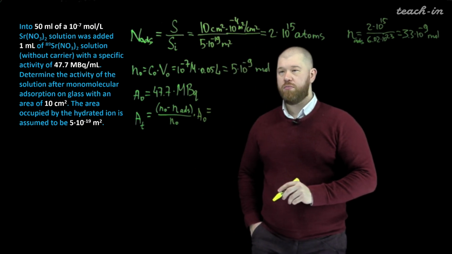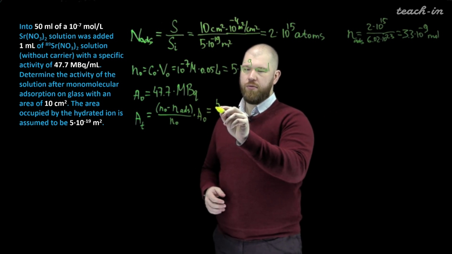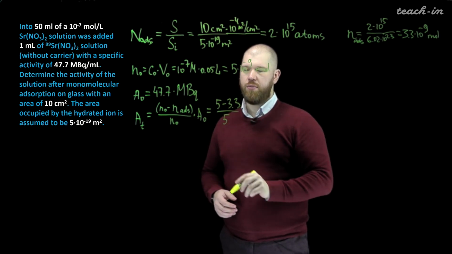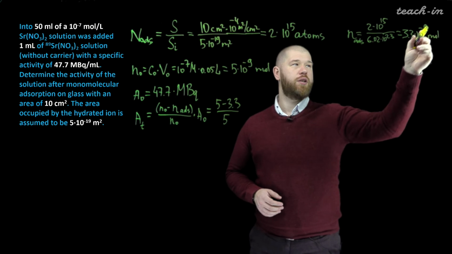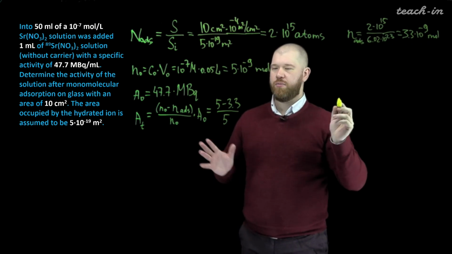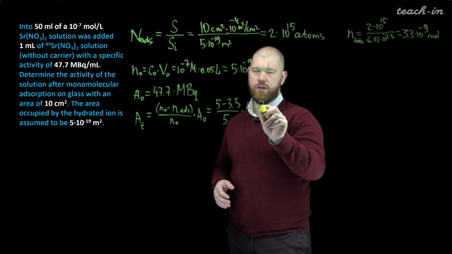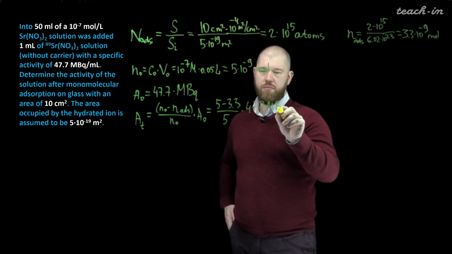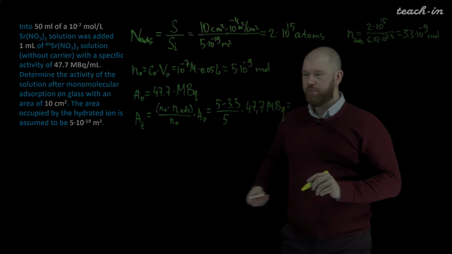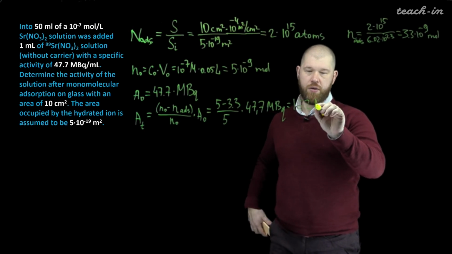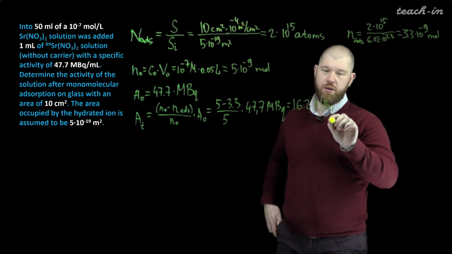We know all these numbers, so it will be 5 minus 3.3 divided by 5. We can neglect all the 10 to minus 9 because they will cancel, and multiply by 47.7 megabecquerels. So it will be 16.2 megabecquerels.